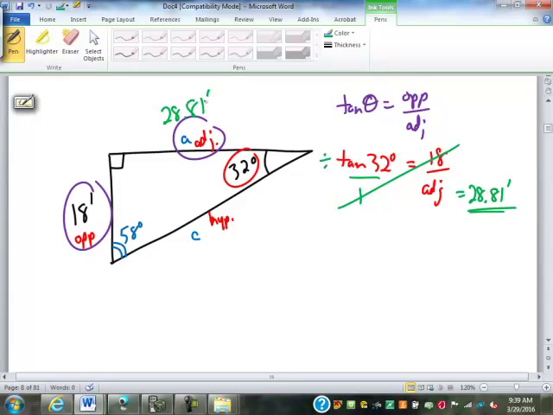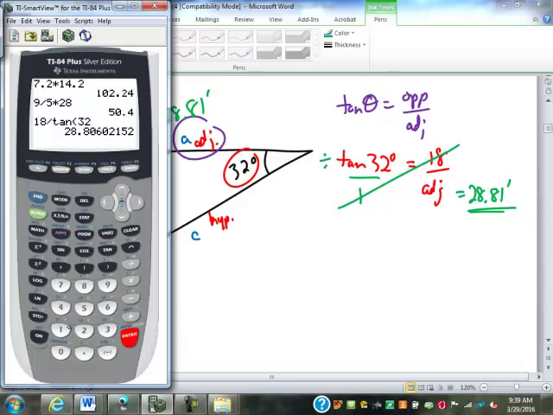Just one? Just 1 times 18 is 18 divided by the tangent of 32. Oops. 28.81 it should be.